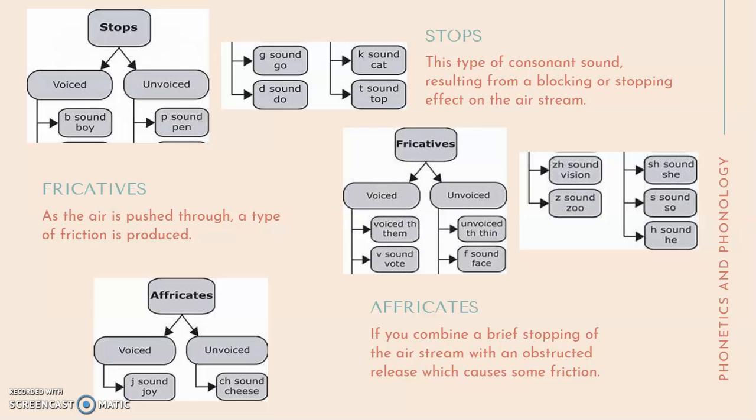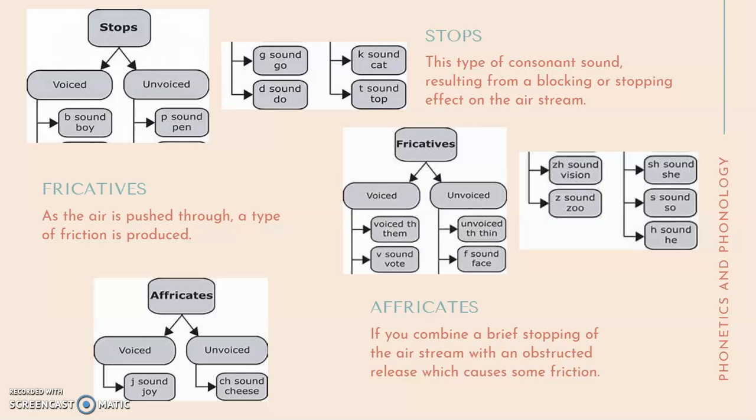This type of consonant sound results from a blocking or stopping effect on the air stream. Now fricatives. As the air is pushed through, a type of friction is produced. Some of them are v, z, s, sh.